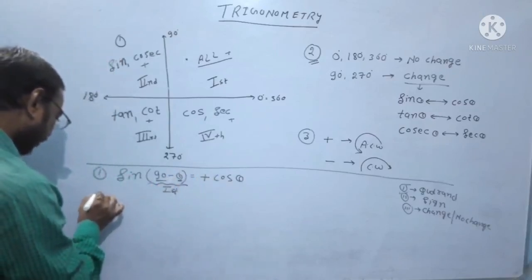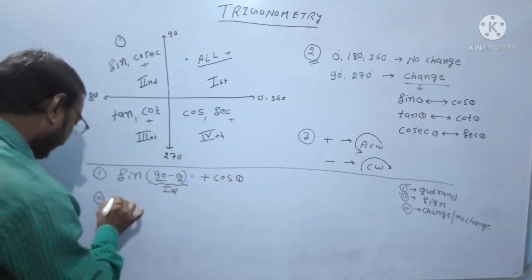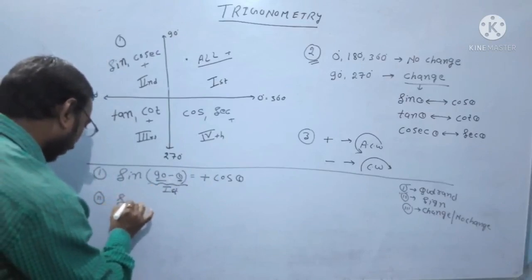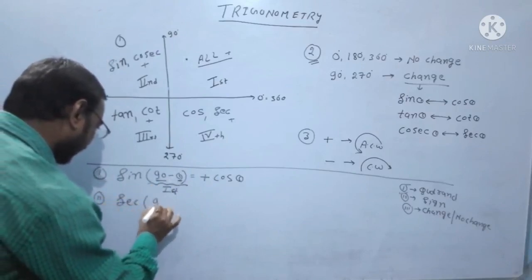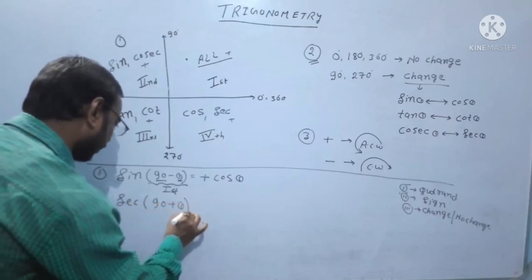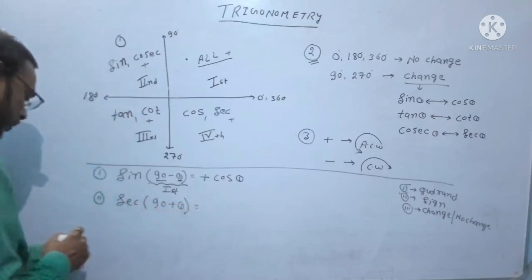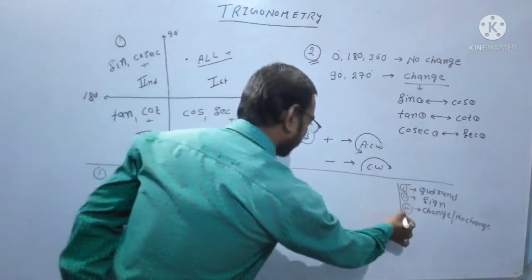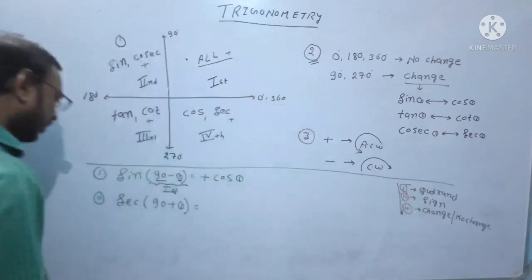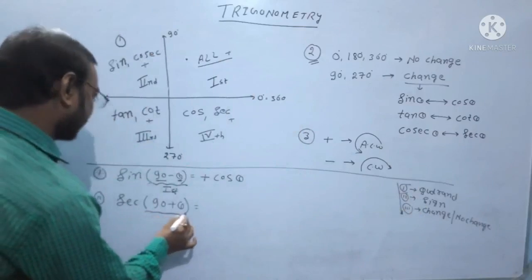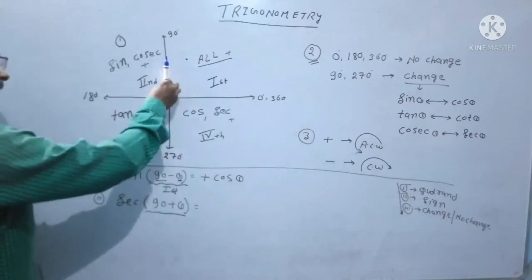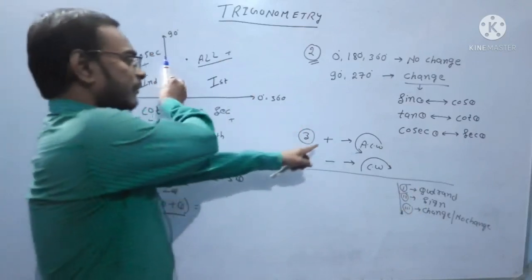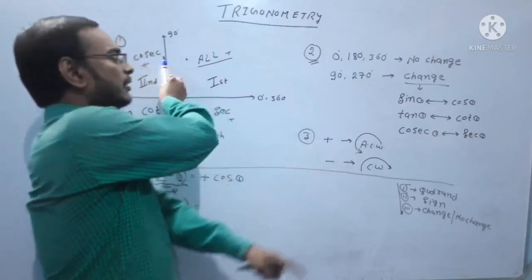Let's take another example. If we say what is the value of sec 90 plus theta. Okay, so again repeat these steps. First decide the quadrant, so 90 plus, so we take 90 and plus means anti-clockwise direction movement.